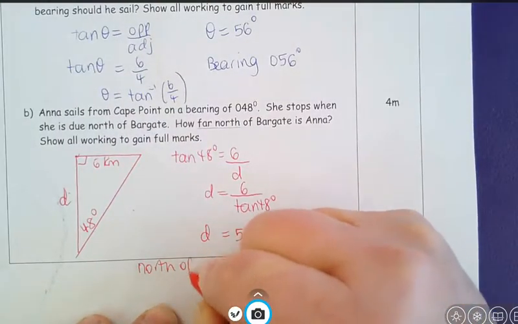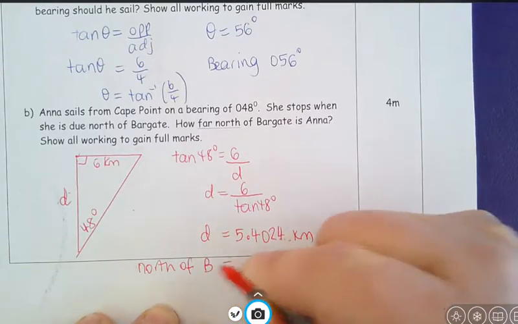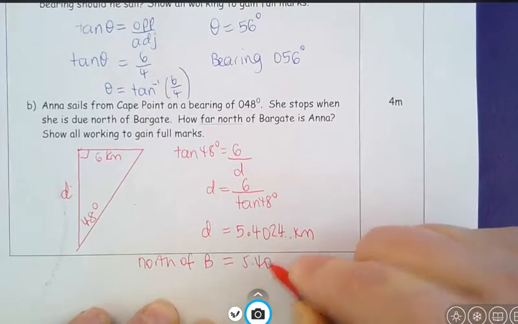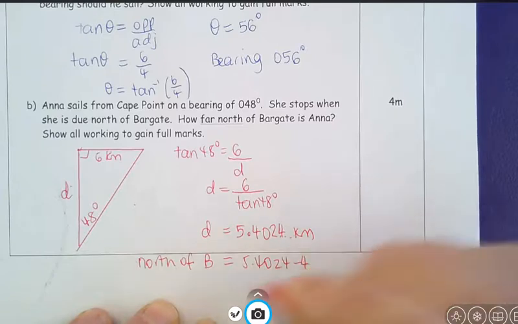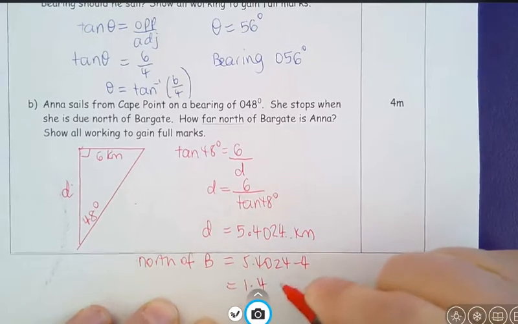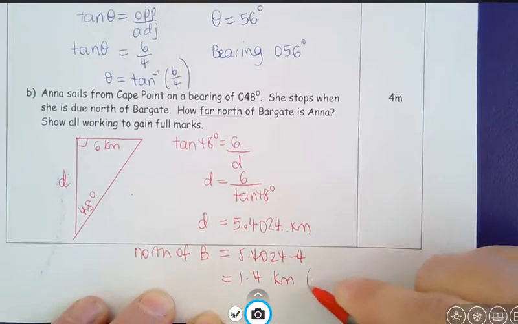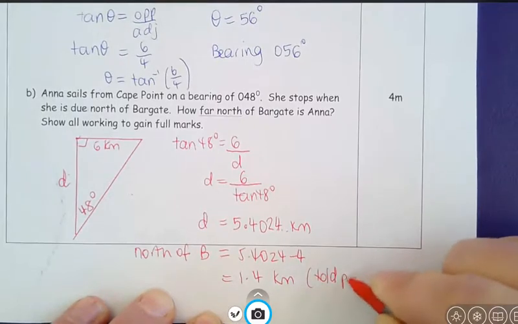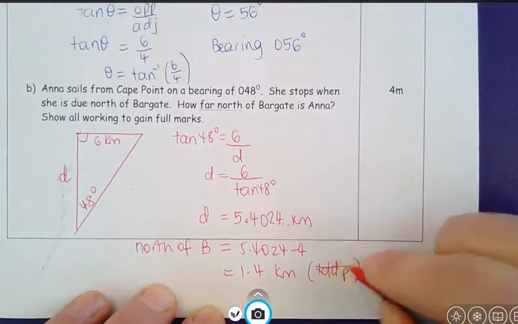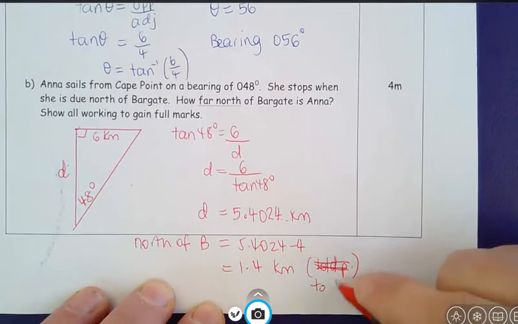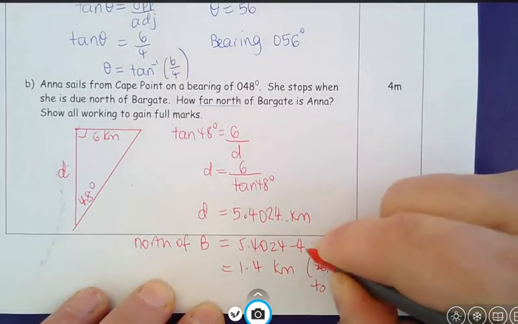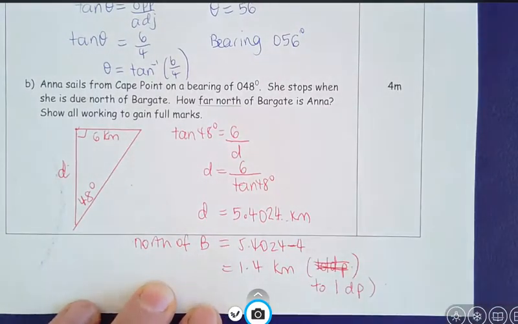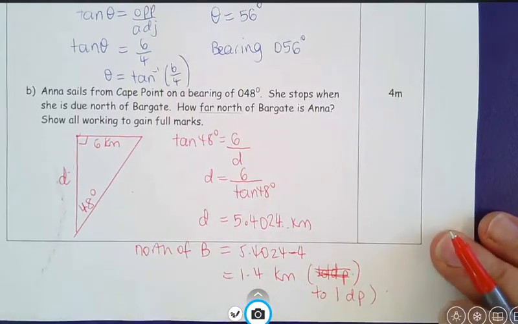North of B is 5.4024 minus 4, which is 1.4 kilometers. I'm just going to go to 1 dp, to 1 decimal place. That looks right. Why do you have minus 4 there? Because, yep. Okay, so it's 1.4 kilometers north of Bargate.